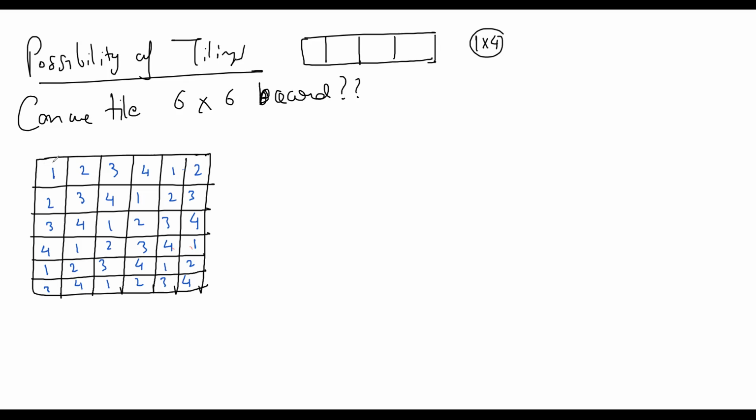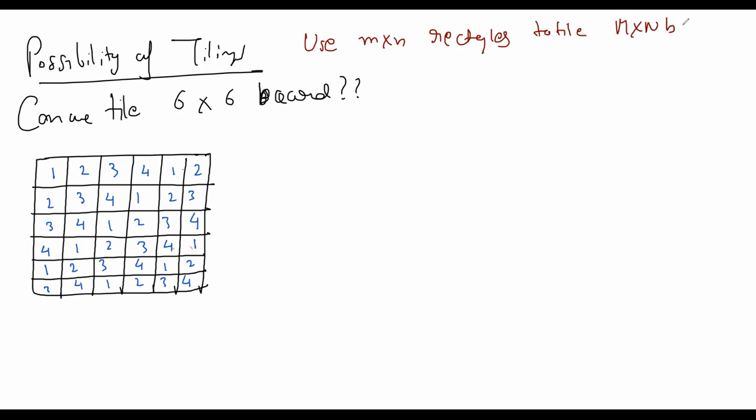You have to generalize it, and that will be the challenge for you. Also, if you want to take the challenge further, you can do this: you are supposed to tile using m by n rectangles. Use m by n rectangles to tile a capital M by capital N board.